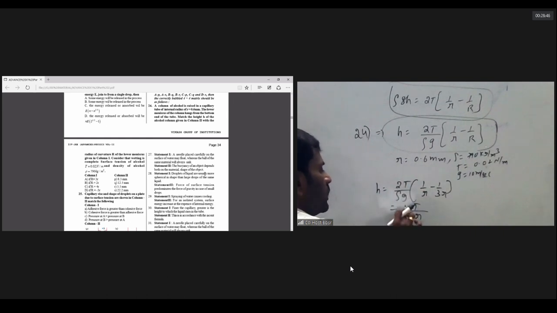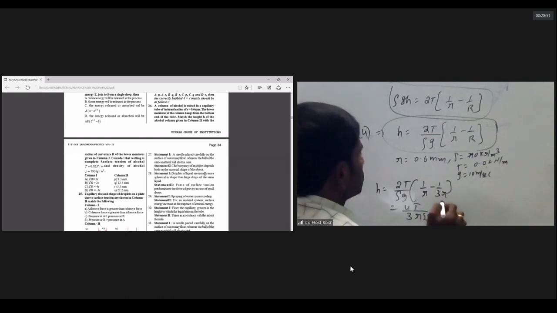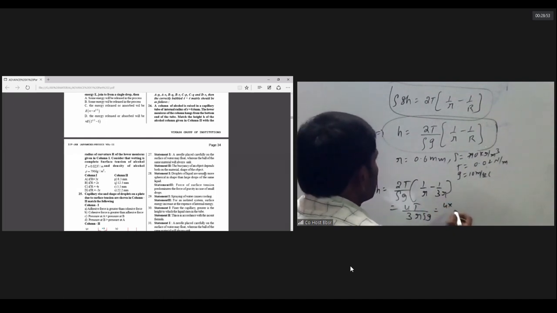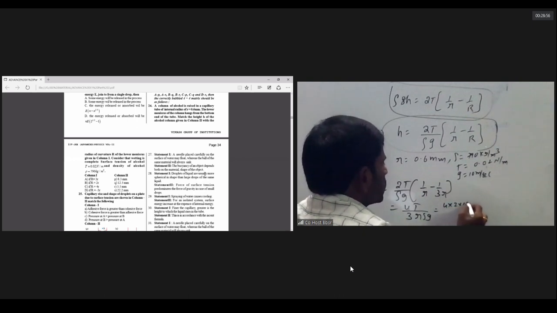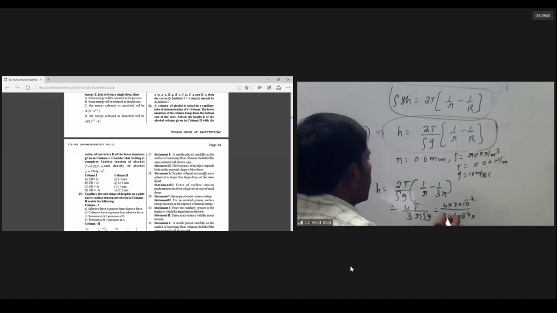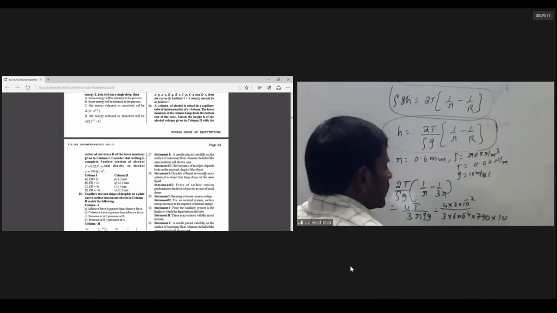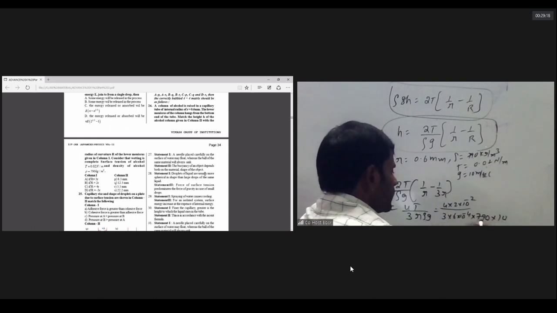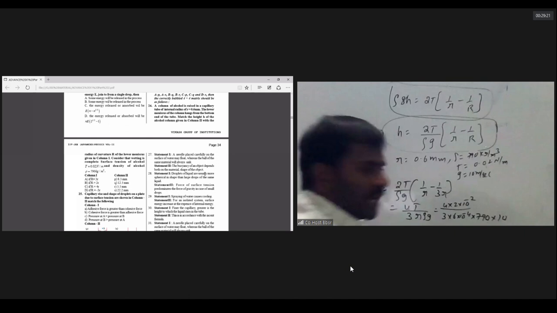T upon 4T upon rho g R. So 4 into T value, how much now here? 0.02 into 10 power minus 2 upon 3 into R value 0.6 millimeter, 10 power minus 4 into rho value is 790. You can take 800, no problem. 1 and 2 cancel, 8 cancel. 1 by 3, 0.33.